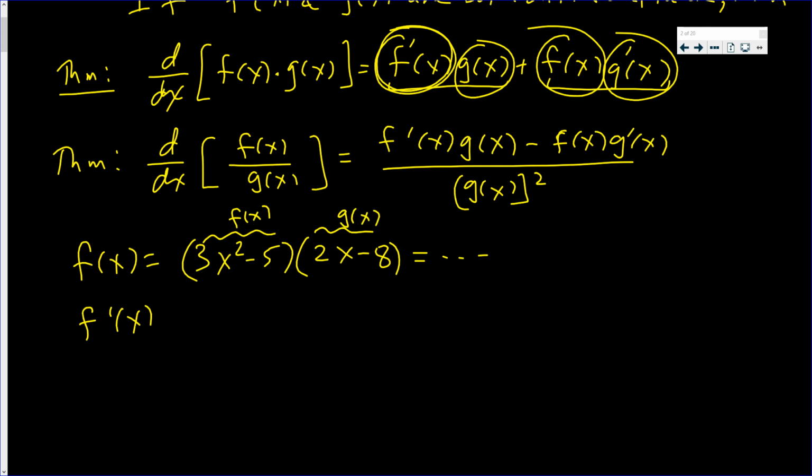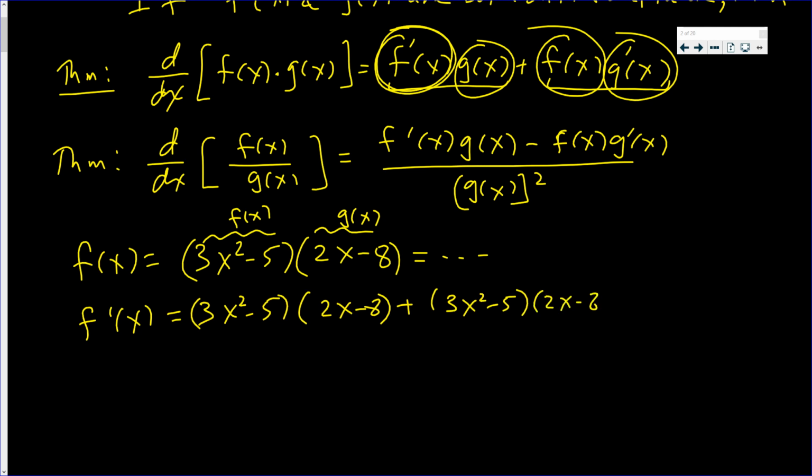That way it matches our formula. So, now whether you write down what I'm about to write down or not, you at least have to think this. We take the derivative first, we take the derivative second there.